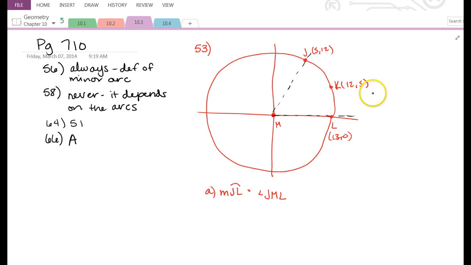I'm going to make a triangle using the origin and J. Okay? So I'm going to make this triangle, and I'm going to make it a right triangle. So I'm going to just drop this straight down. When I drop that straight down, this point is 5, 0. If that point is 5, 0, then the distance from M to that point is 5.